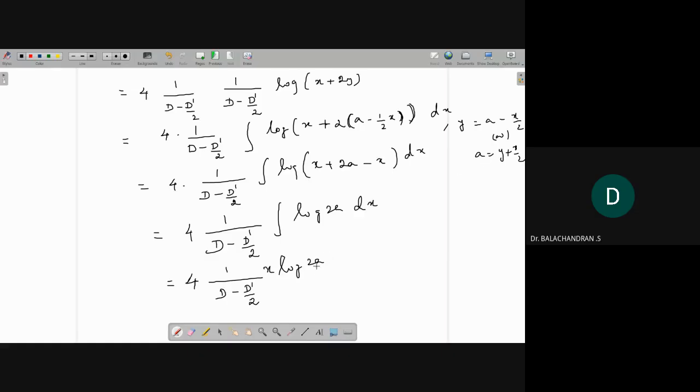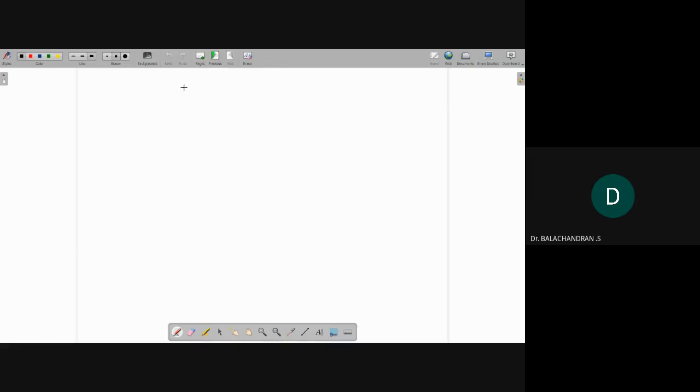So this is equal to, the next step I am going to write, replace a by y plus x by 2. So this is equal to 4 into 1 by d minus d dash by 2 into x log 2a, where a is y plus x by 2.